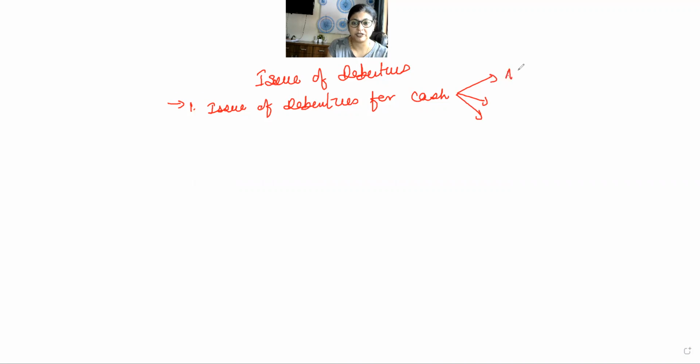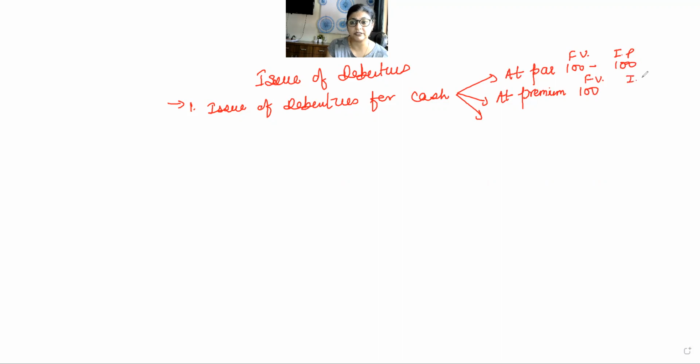Here, issue of debentures can be at par, means if the debenture's face value is rupees 100, it will be issued for rupees 100 only. So this is your face value and this is issue price. Debentures can be issued at premium as well. Premium, we know from issue of shares chapter, is when a security is issued at more than its face value.